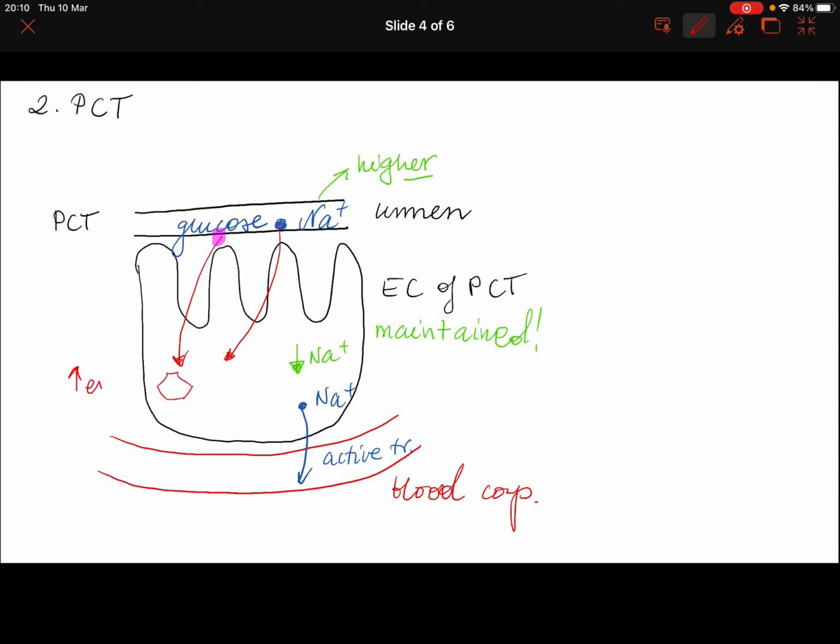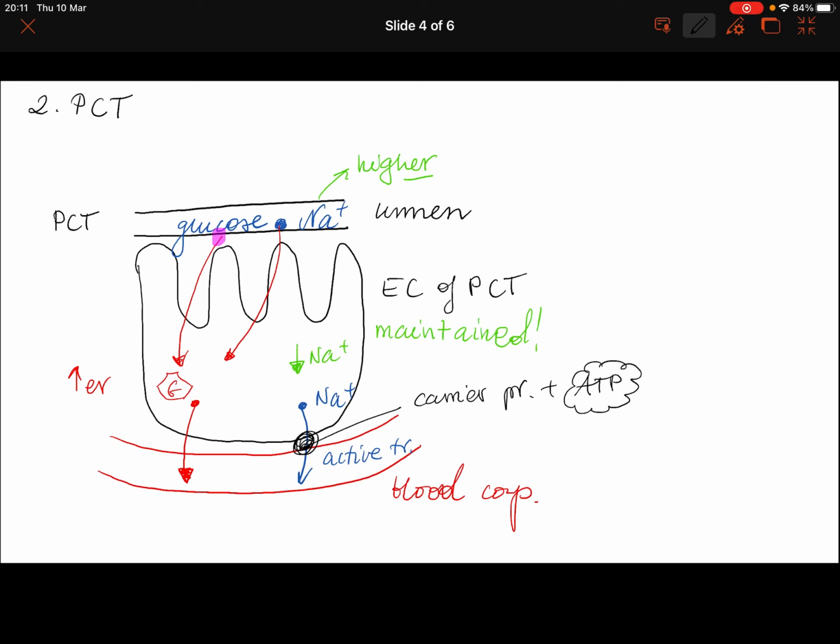Having higher concentration of the glucose in the epithelial cell allows for the facilitated diffusion from the epithelial cell into the blood. Okay? To finish off this diagram, we obviously need to now come back with the ideas from year 1. So we did say that the first process that takes place is the active transport of the sodium ions from the epithelial cell into the blood. This transport, of course, requires carrier protein, and it also requires ATP.